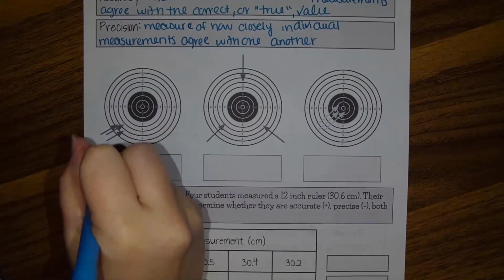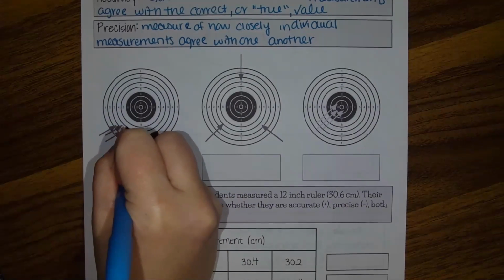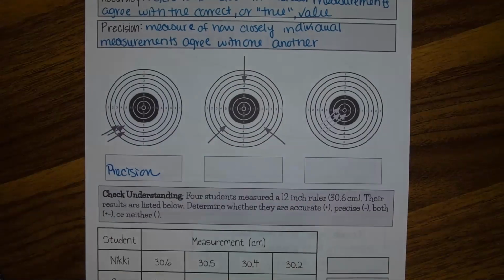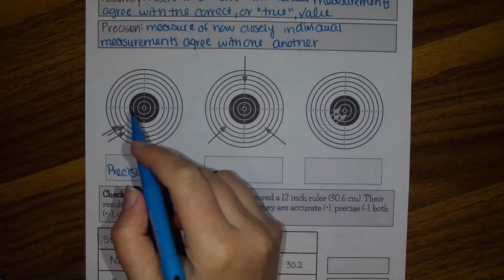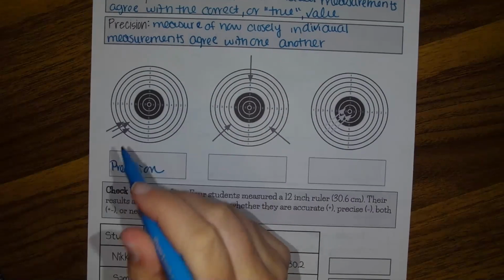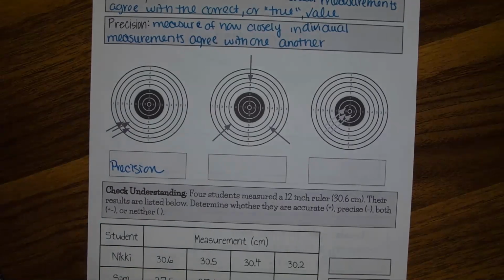So I have some great precision. My darts are precise because I'm hitting the same spot every single time, not where I'm supposed to be hitting it. I probably have a score of like 3, but I'm hitting the same spot every single time.